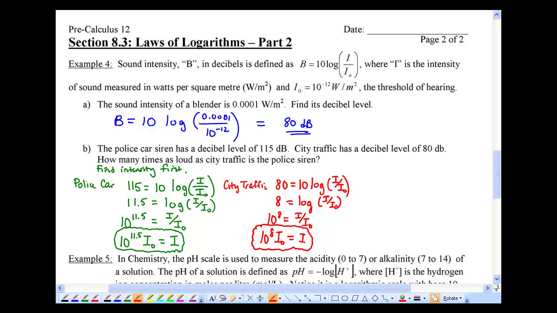And it's perfectly fine, because now I'm going to ask you how many times as loud, so I'm going to do a comparison or a ratio, and take the ratio of the police car intensity and divide that by the city traffic intensity. Doing that will allow me to figure out how many times as loud. 10 to the power 11.5 I naught divided by 10 to the power of 8 I naught.